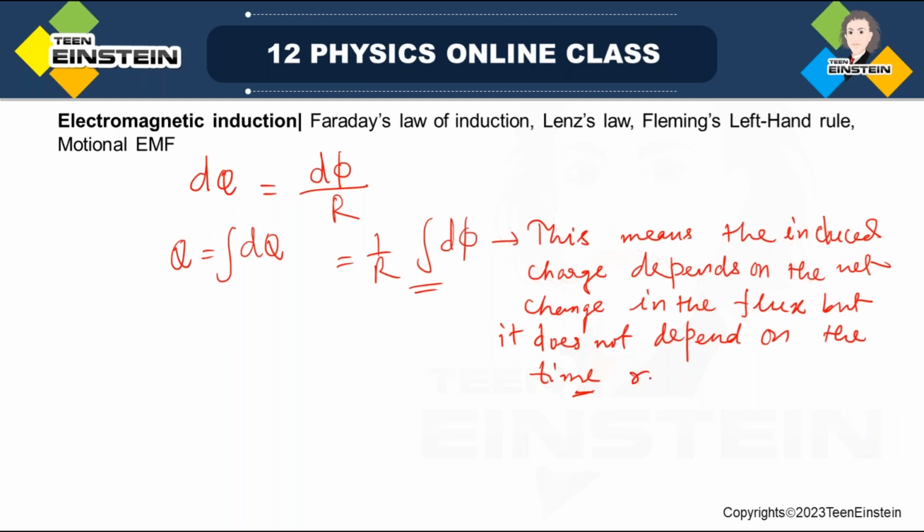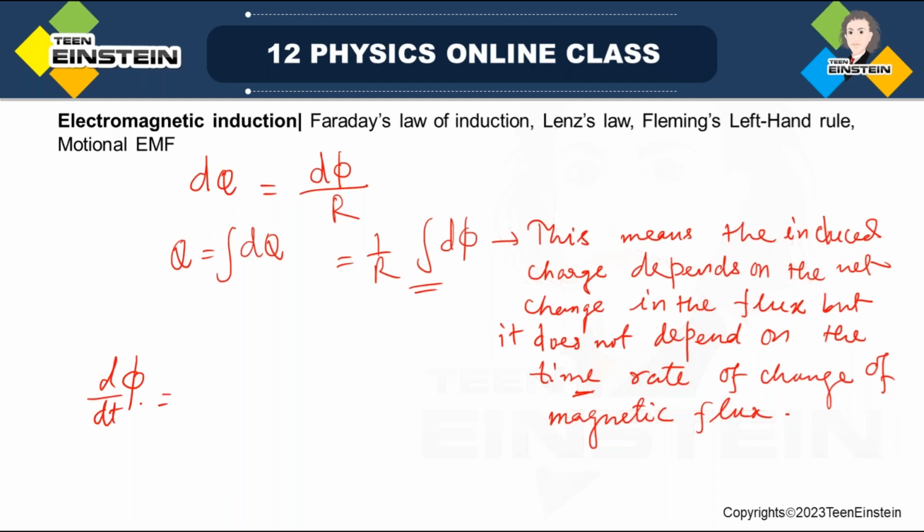I mean, this is a net change, not the time rate of change of magnetic flux. See, simply if I say rate of change of flux, this is d phi by dt.